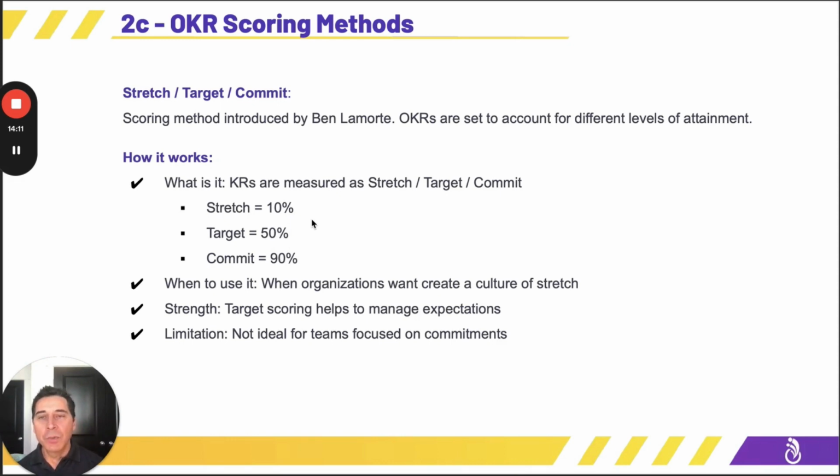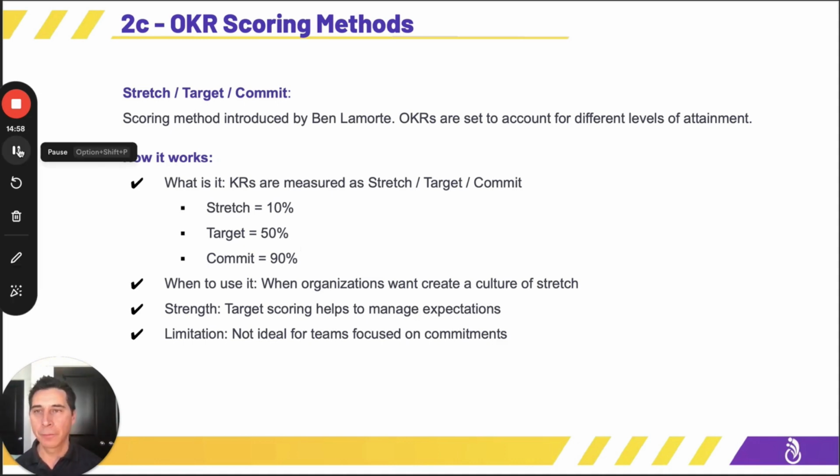When you want to use it is when organizations want to create that culture of stretch, where you're really wanting to create that aspirational nature about your organization. Because it has the different target scoring methods, it helps to set those expectations in terms of where we are going to land with this key result.